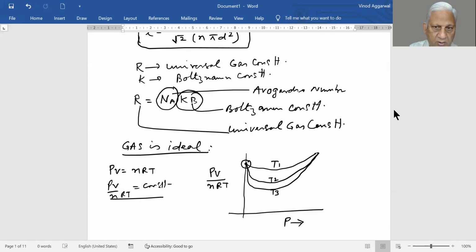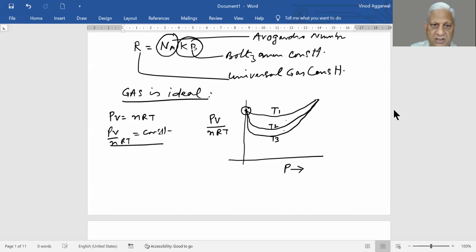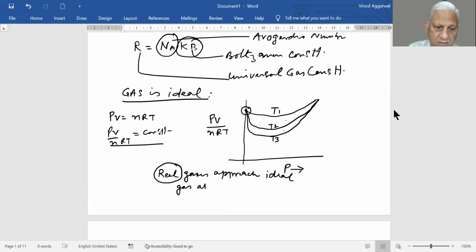So as you see this, it is very evident that real gases, we're talking about real gases, not ideal gases, approach ideal gas at low pressures.